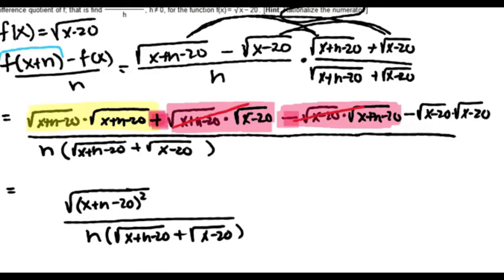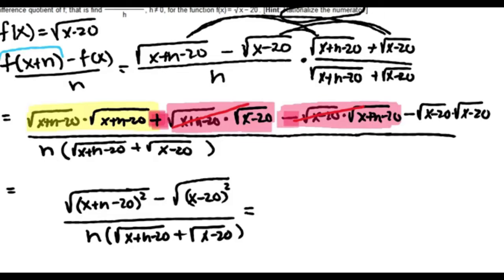And then when we multiply these last two together, once again they both have radicals, and they have the same expression underneath the radicals. We're going to multiply those expressions together. X minus 20 times x minus 20 is x minus 20 squared, and that's still underneath the radical with a minus sign.